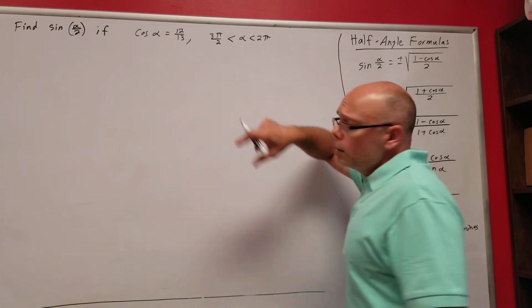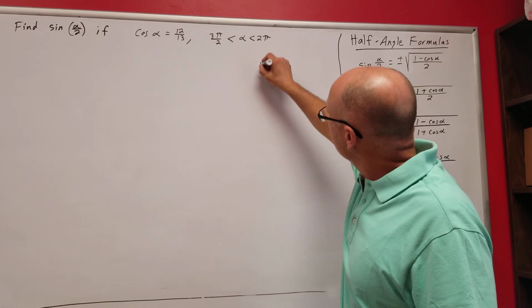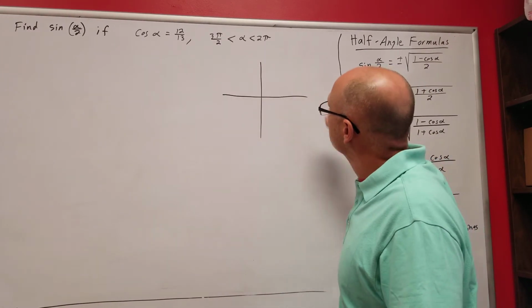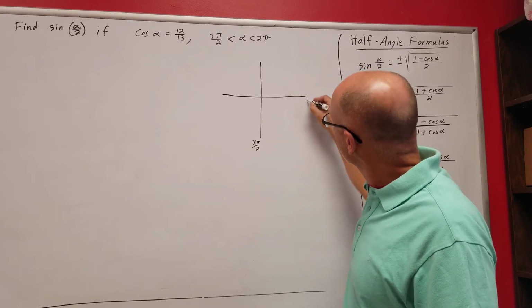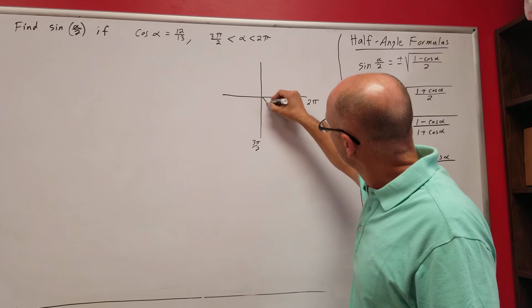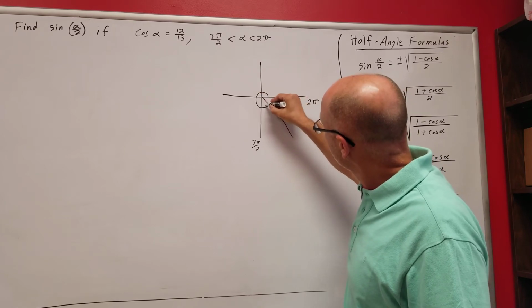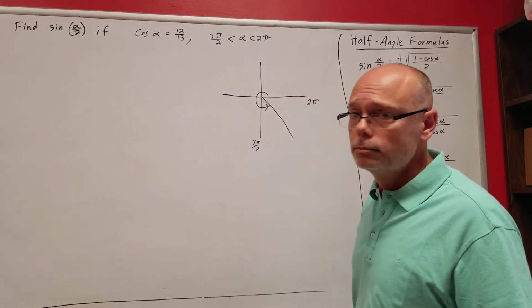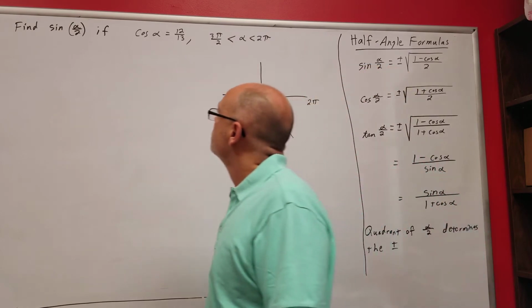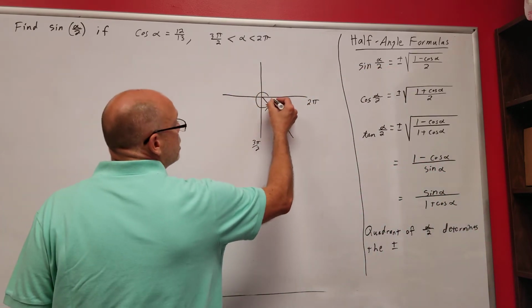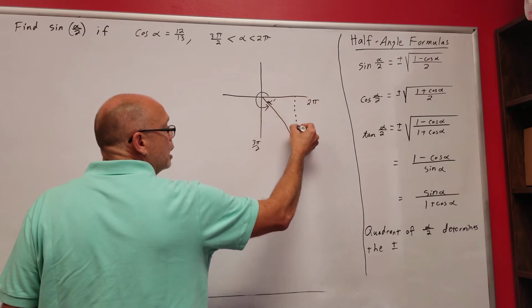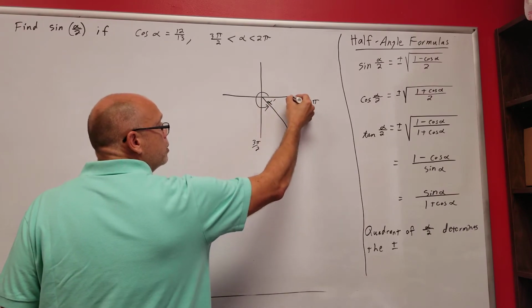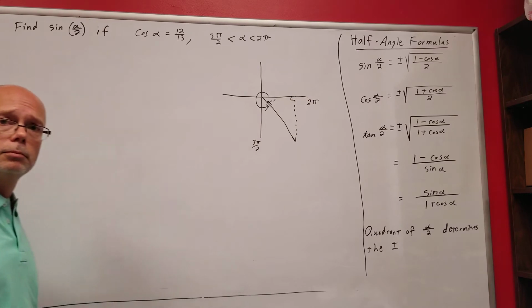So if they give us a quadrant that it falls in, let's draw a picture of that, okay? All right, 3 pi over 2 is here. 2 pi is here. Maybe I'll look at some angle like that, okay? I'm going to look at this reference angle here, alpha prime, and I'm going to make a 90-degree angle right here, okay?